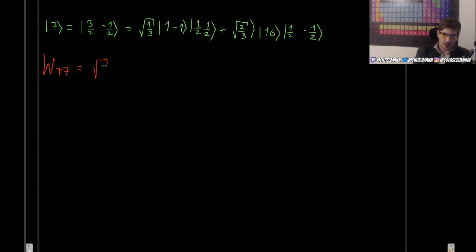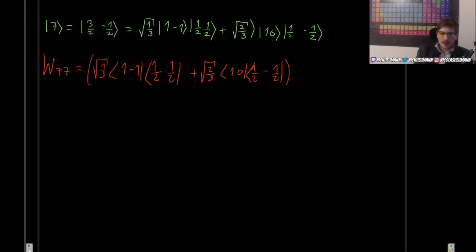So we get square root of 1/3, 1, minus 1, 1/2, 1/2, plus square root of 2/3, 1, 0, 1/2, minus 1/2. Then comes the Hamiltonian, fine structure and Zeeman. And now this is going to be multiplying by this exact same thing.